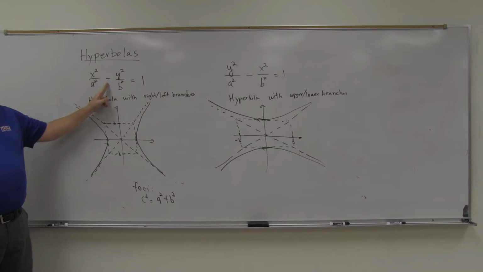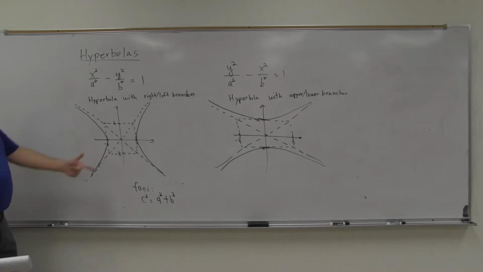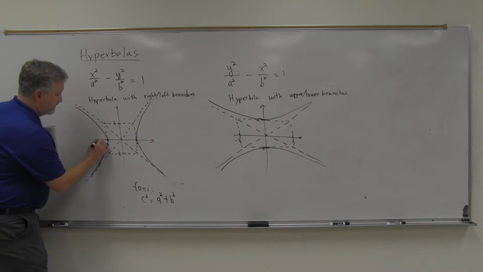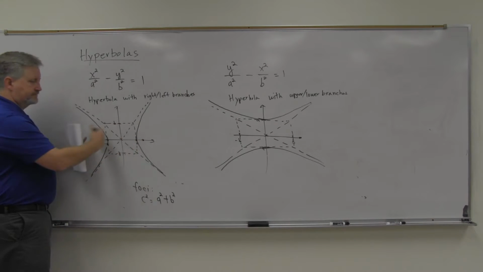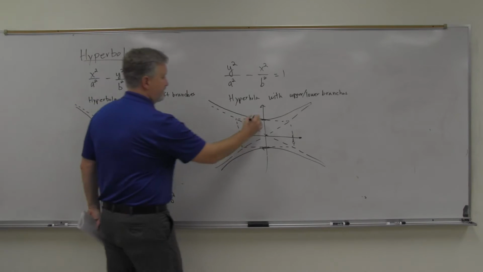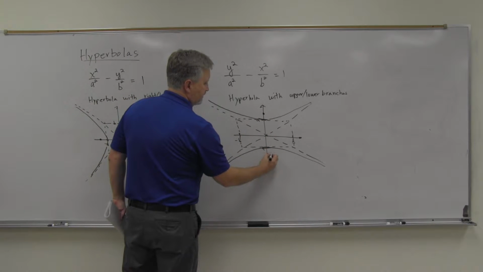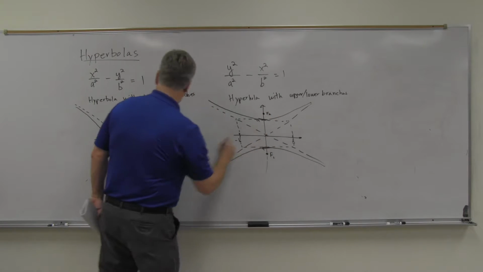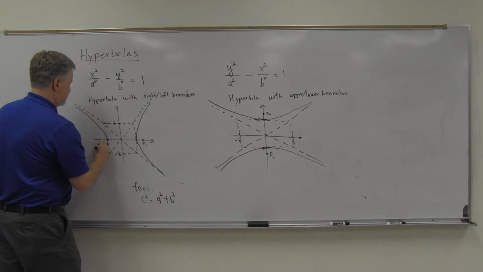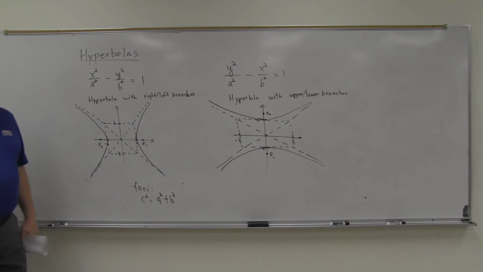On the hyperbola, it's minus here, plus there. So anyway, it's the same basic equation. And again, the foci will be in here for those, and then here and here. Like I said, it's a little more complicated than the others, but not too bad.